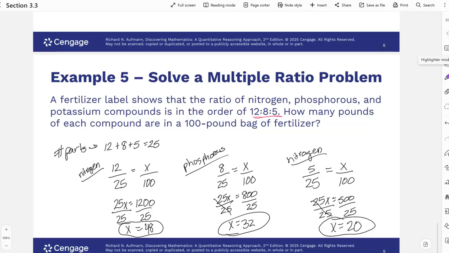So in that 100-pound bag, 48 pounds would be nitrogen, 32 would be phosphorus, and 20 would be potassium. So that would be the makeup of the number of pounds for each of those components.